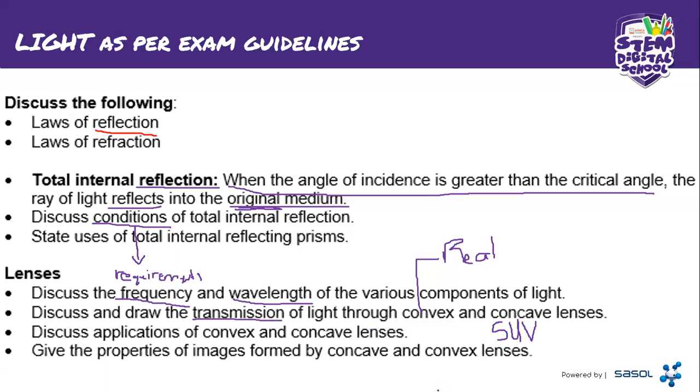Then we must be able to discuss the applications of convex and concave lenses. For example, convex lenses, we know they are used to correct an eye condition that we call short-sightedness. Sorry, just a point of correction.